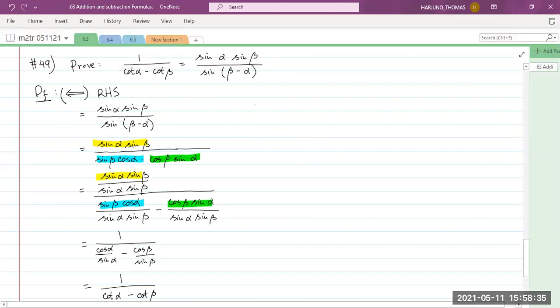Now, I'm not showing you this to confuse you. I'm showing you this to remind you that proofs are not unique, but you still need to show the same structure. Suppose I start from the left-hand side, which is 1 over cotangent alpha minus cotangent beta.